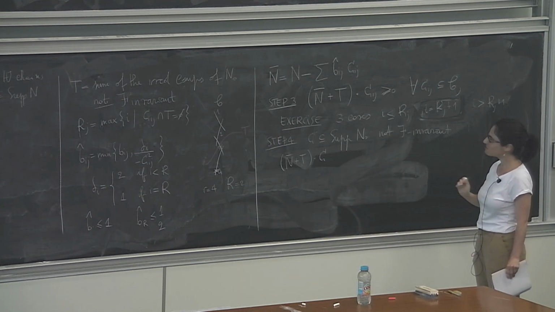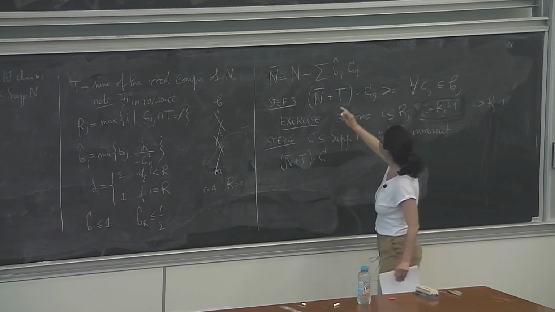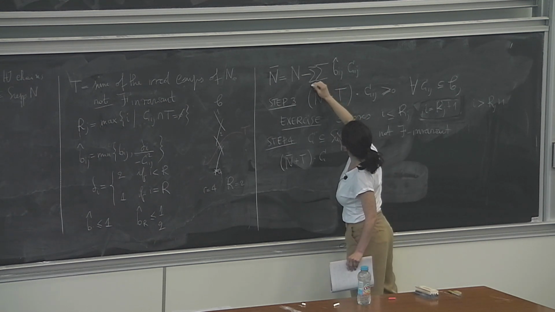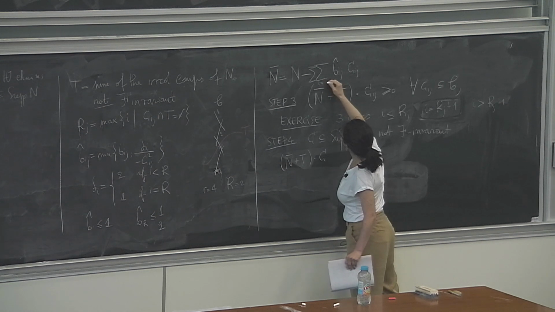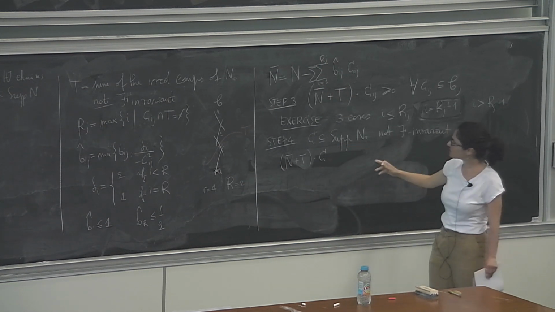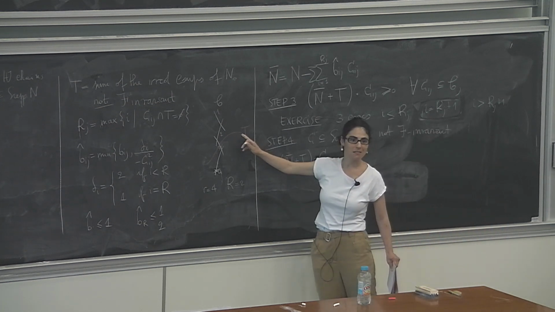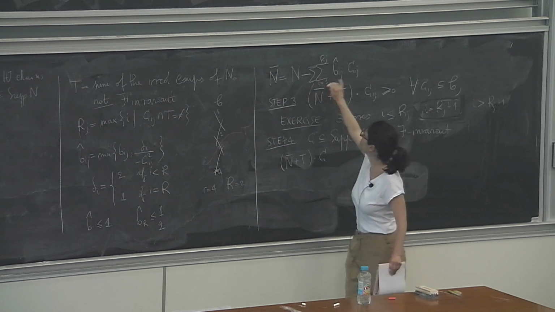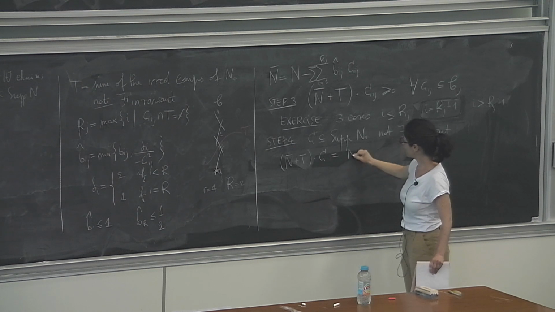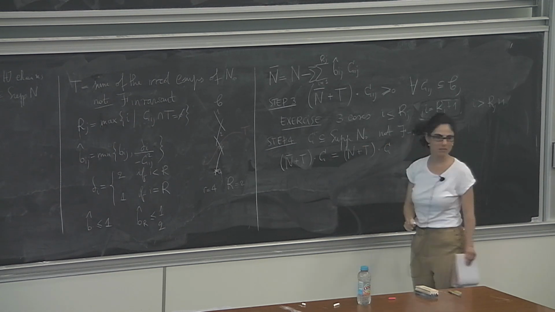And now by definition of R, so this is a double sum. I goes from 1 to Rj. By definition of Rj, C, which is not F invariant, is inside T. So it doesn't meet this guy. So this is n plus t dot c.